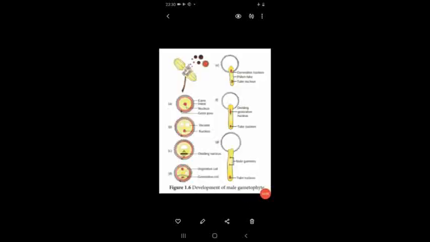Dear students, I hope you have all understood how the male gametophyte is produced inside the microspore. Dear students, see the diagram. First one is the pollen grain: exine, intine, protoplasm, nucleus and cytoplasm. The germ pore is present in the exine. Second one, a dense cytoplasm. A small vacuole is also present on the inner side of the cytoplasm.